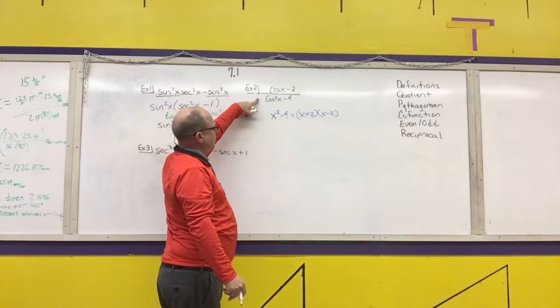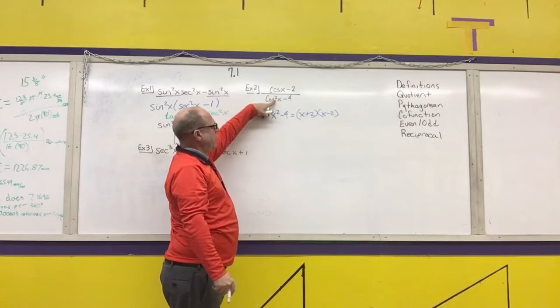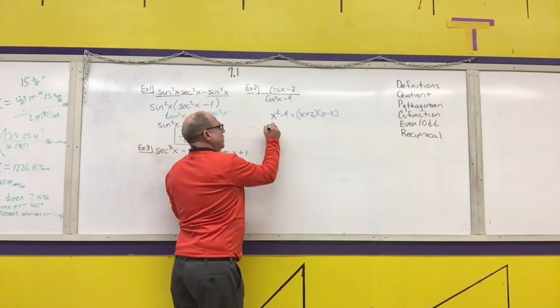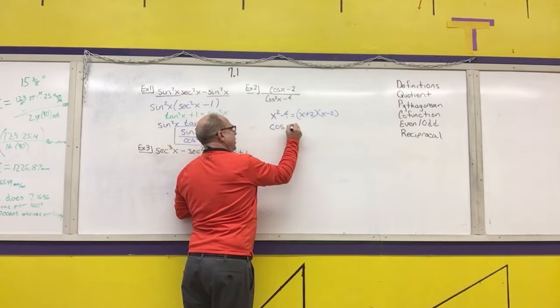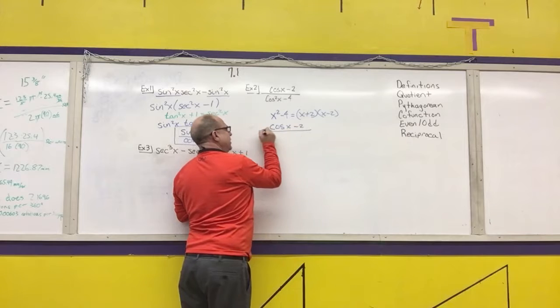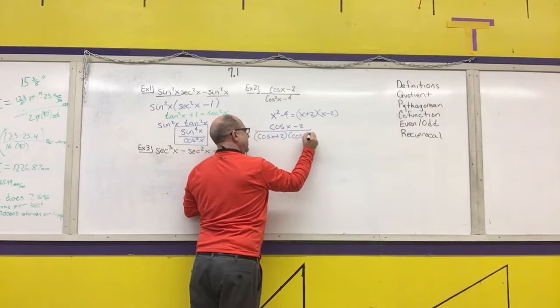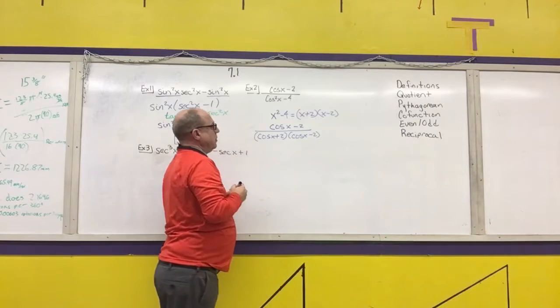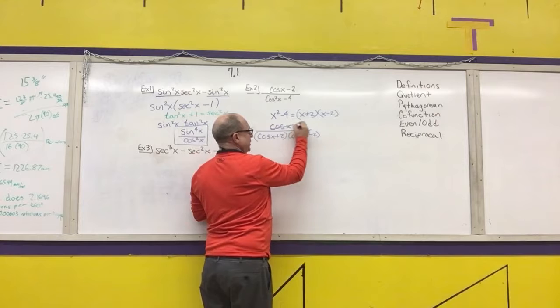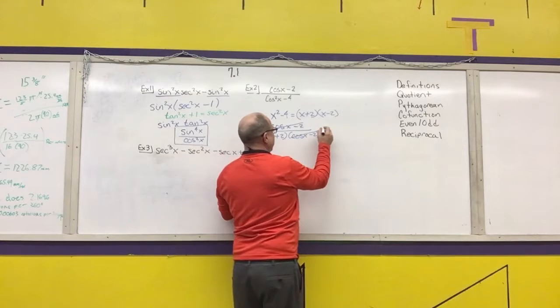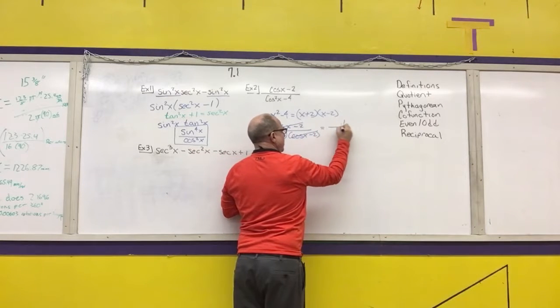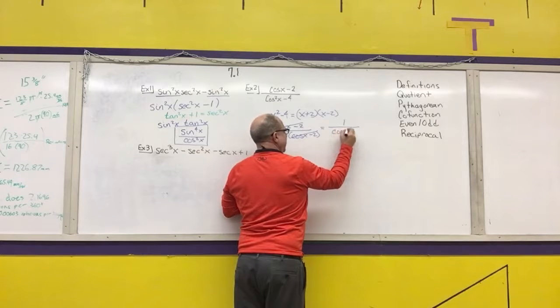The cosine squared of x minus 4, I'm going to copy the numerator, is equal to the cosine of x plus 2 times the cosine of x minus 2. Notice here that the cosine of x minus 2's cancel, and your final answer is 1 over the cosine of x minus 2.